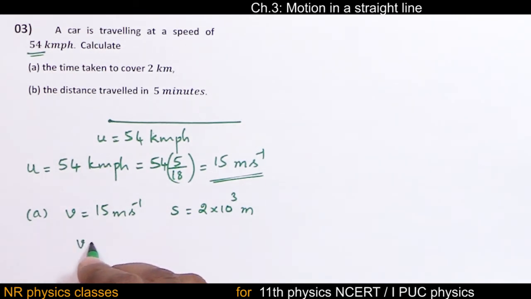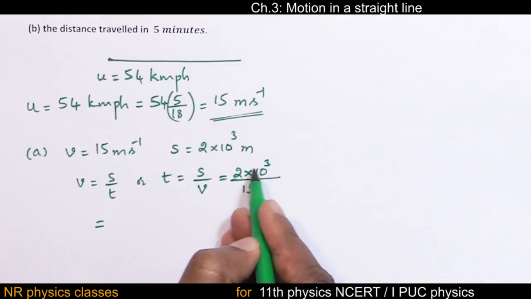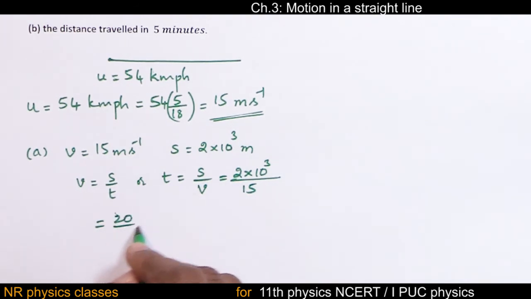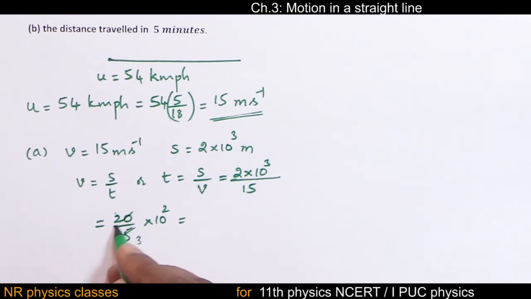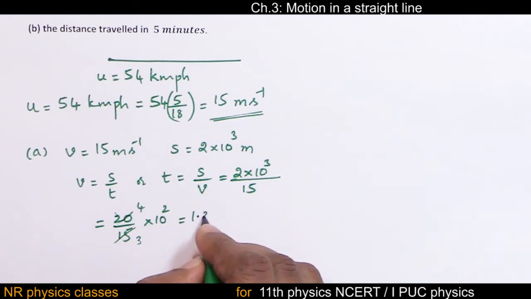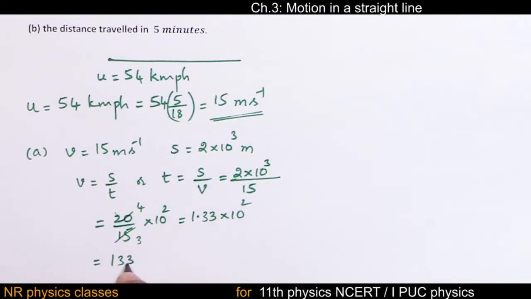Therefore, V equals S by T, or T equals S by V. S is 2000 by speed 15. Give 10 to this, make it 20 by 15 into 10 power 2, which is 4 by 3. 4 by 3 is 1.33 into 10 power 2, or 133 second. This is time.